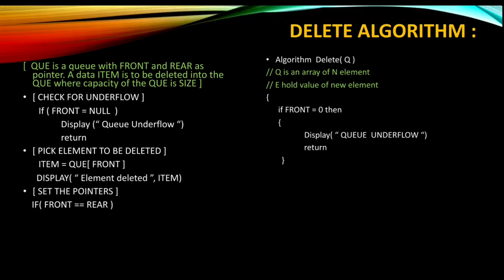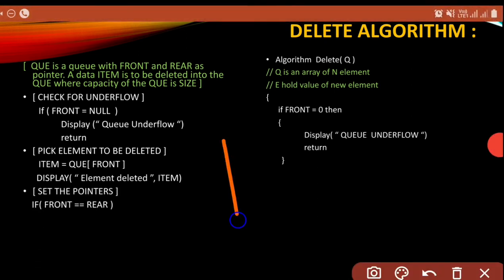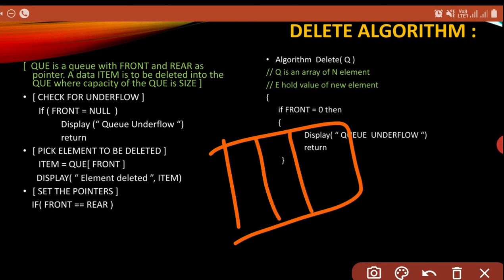We have to set that pointer. And one more thing to keep in mind: if we are having only one element, front is pointing towards 1 and rear is also pointing towards 1, means only one element is in the queue and we are going to delete that element.